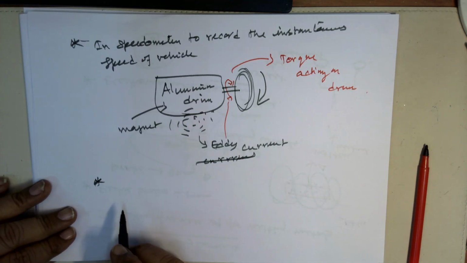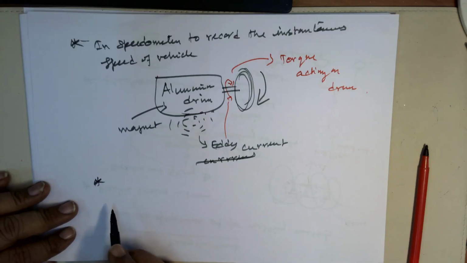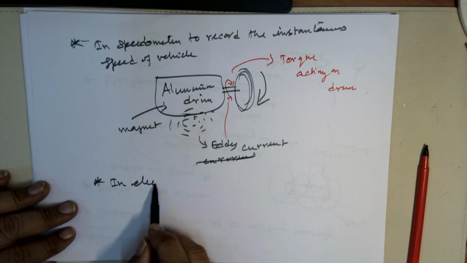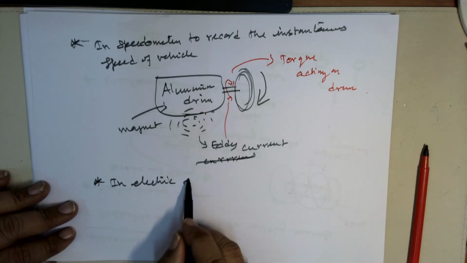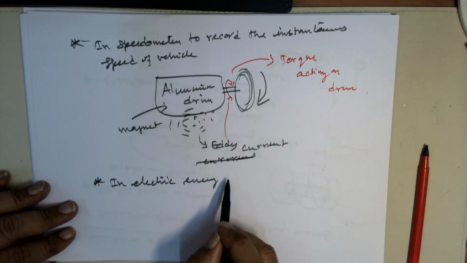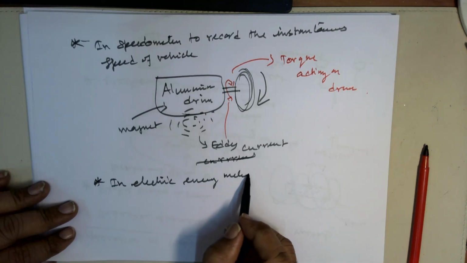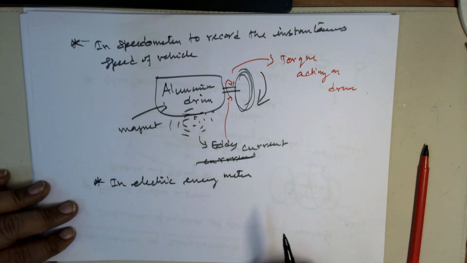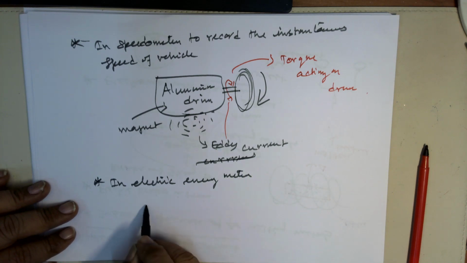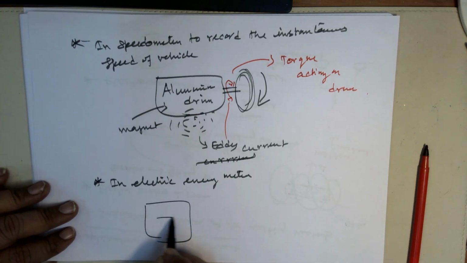Finally, this is used in the electric energy meter, or electric power meter. You could have seen that this is the meter where you can see some kind of rotating disc.